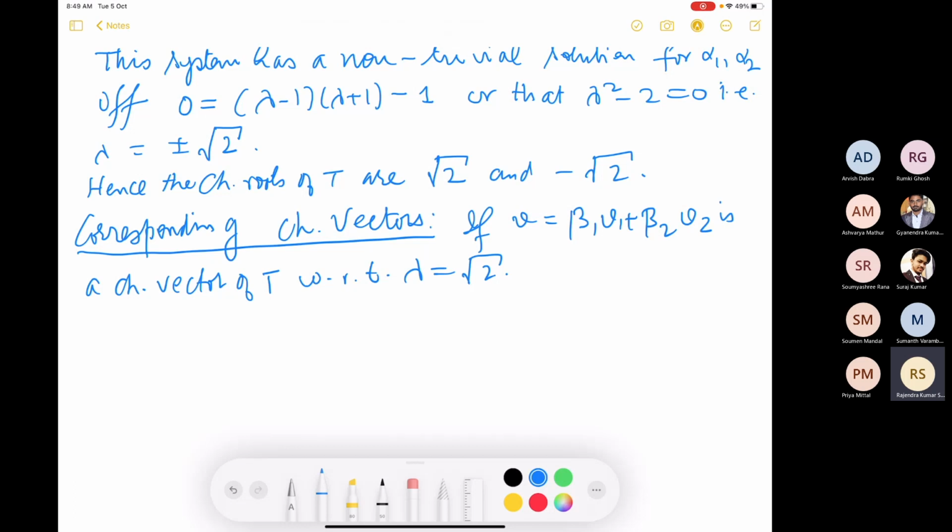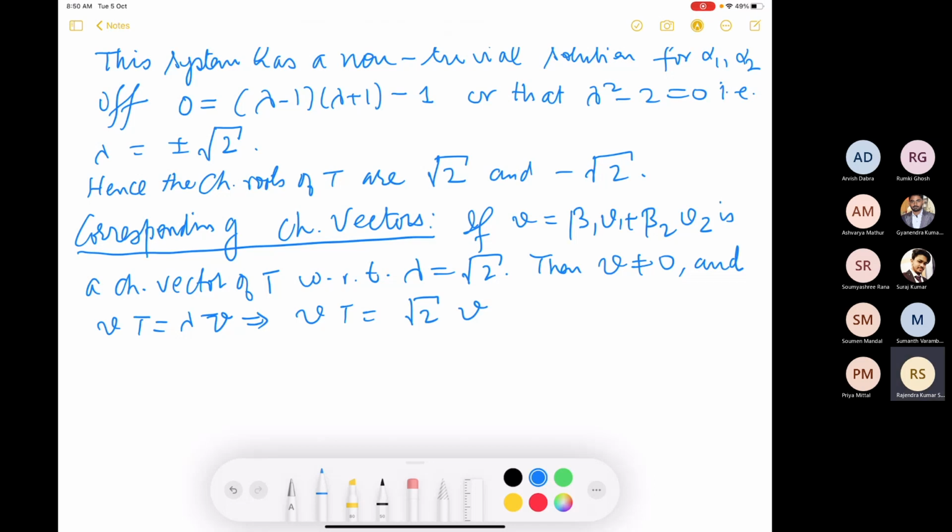Then what shall we get? v is not 0, that means beta 1 and beta 2 are not 0 at the same time, and vT is equal to lambda v. That means vT is equal to root 2 v.